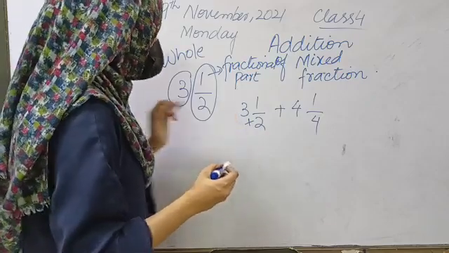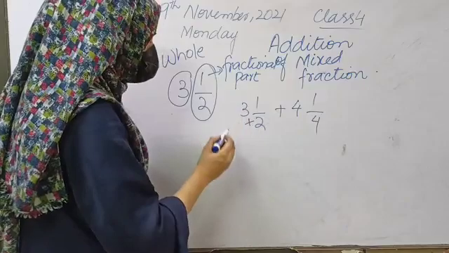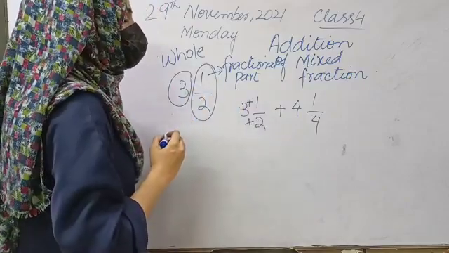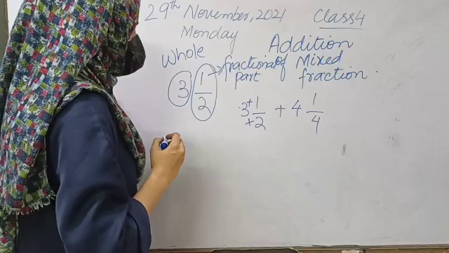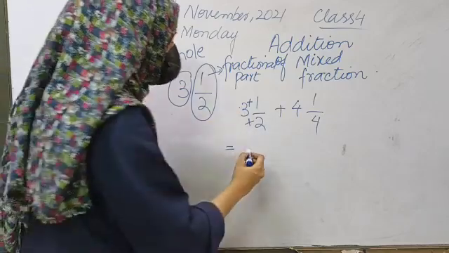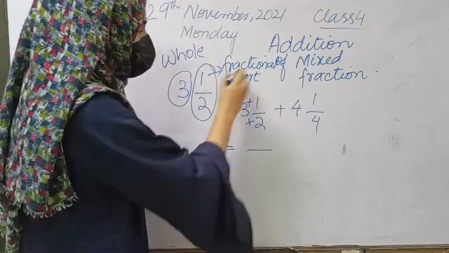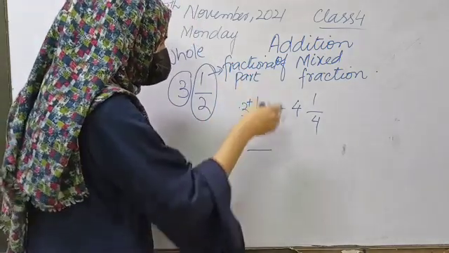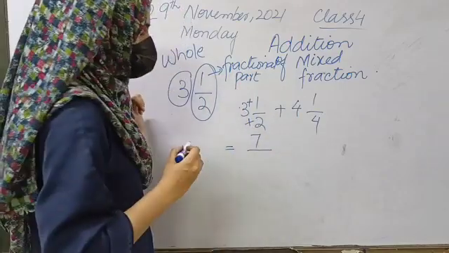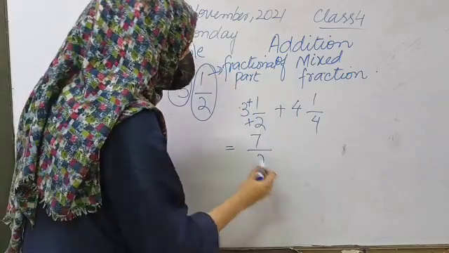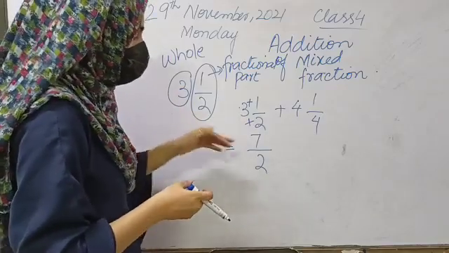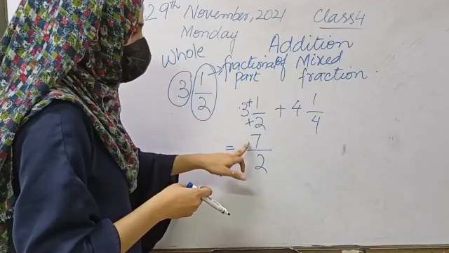Fine. After we have the result 6, we will simply add 1 into it. So in next step, the numerator portion, after solving the whole, is 7 and the denominator will be written as it is. How the 7 will come here?